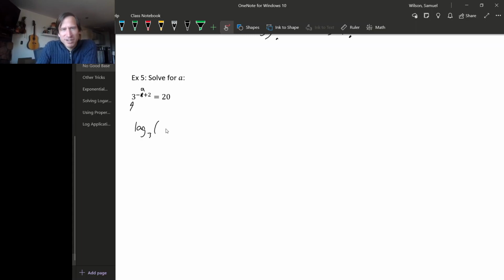So log base 3 of 3 to the minus a plus 2. And on the right-hand side, log base 3 of 20. All right, on the left-hand side, the logarithm just grabs the exponent, so we get negative a plus 2. On the right-hand side, log base 3 of 20, you know, that's a number.